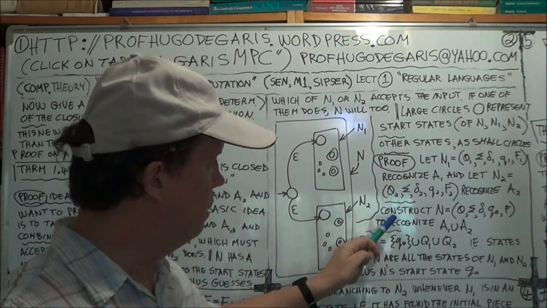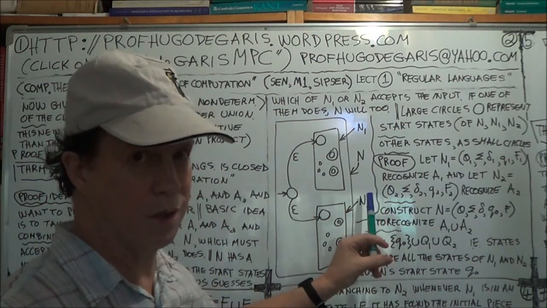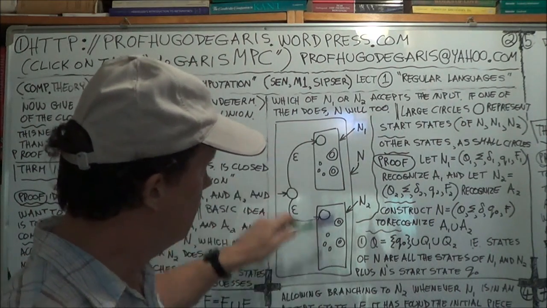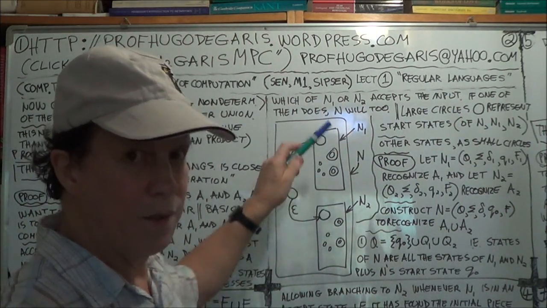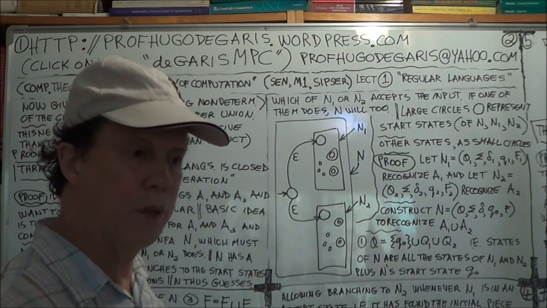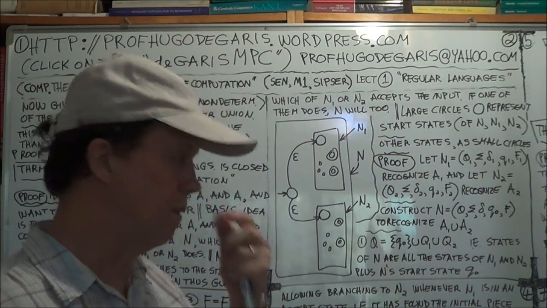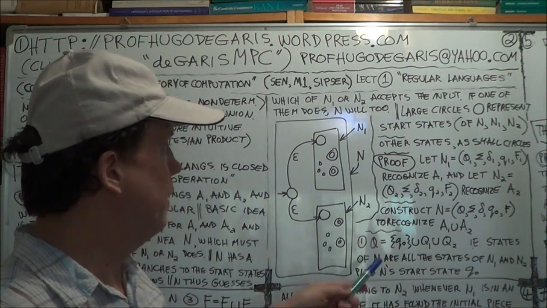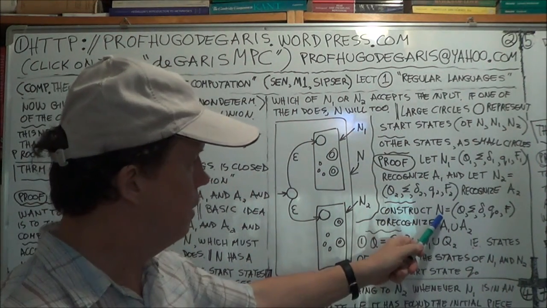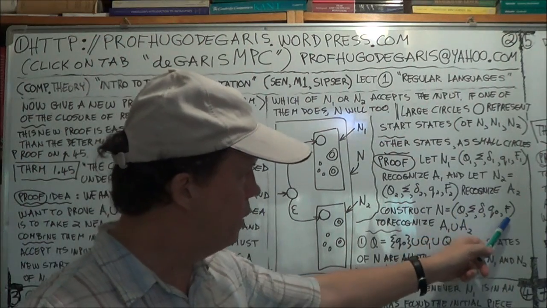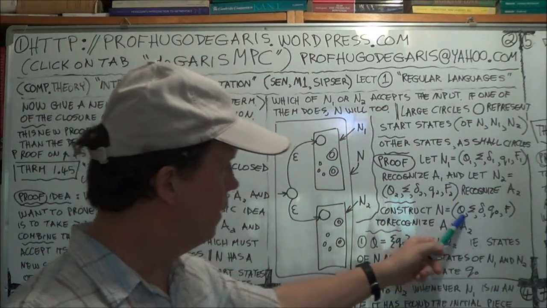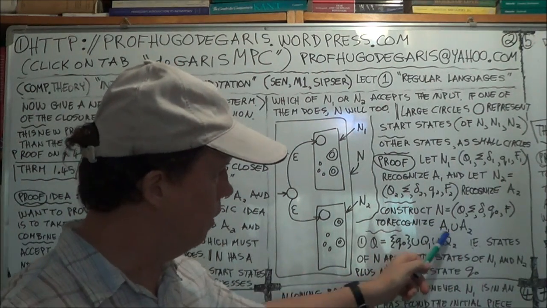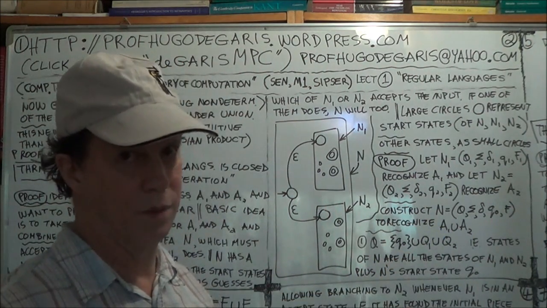We now need to construct, because it's a proof by construction, N. That's the whole thing that has these two machines, NFAs, N1 and N2, as components, as parts. Right? And we have to construct this machine with this formal specification, okay? And its task is to recognize the union of these two languages, A1 and A2. Okay?